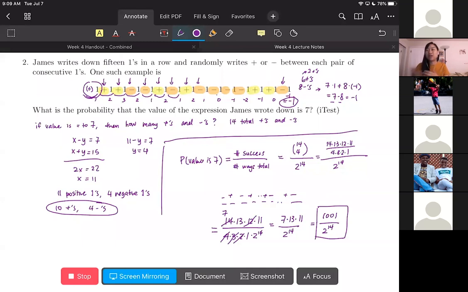That's a counting problem that we solved in the past. It's 2 to the 14. The second subproblem is how many ways are there for James to write down 14 signs where 10 of them are positive and 4 of them are negative? That's also a counting problem we solved in the past. It's 14 choose 4. And then we have to put those 2 together to compute the probability.